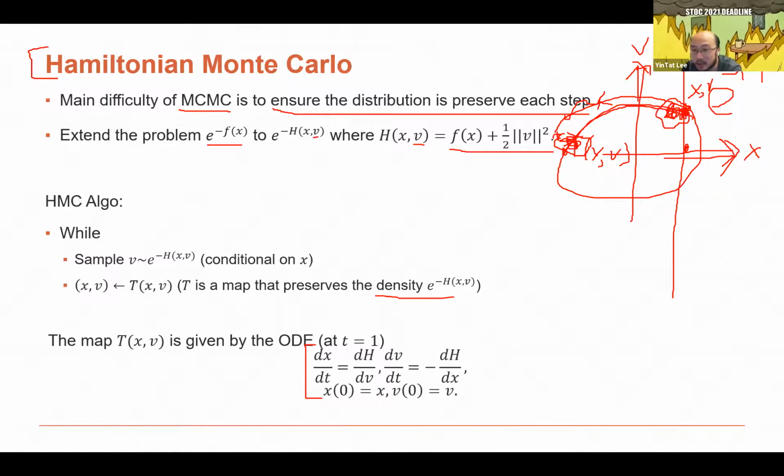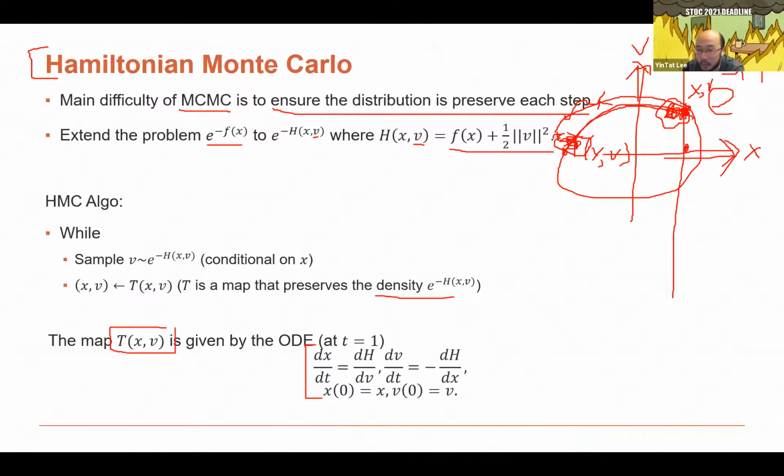So this is the algo. Each step you fix X and sample V, then you solve an ODE to rotate along the space, and then you repeat. And the beautiful thing about this algo is, if you solve the ODE exactly, you don't need to do the filtering step. You can prove the algo preserves the density.